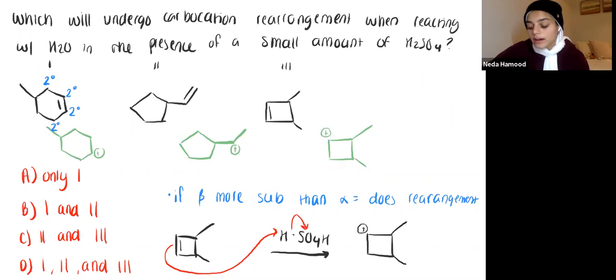And then we also have a 2 degree carbocation if it were to form there. But right next to it, we have a tertiary carbon. If this tertiary carbon were to donate its hydrogen over there, we would then have a carbocation formed over here. Do you guys think that that one would do rearrangement?